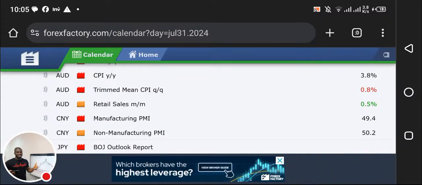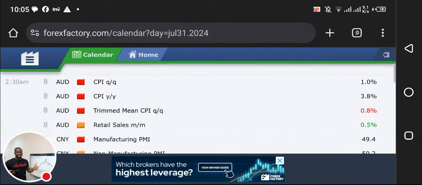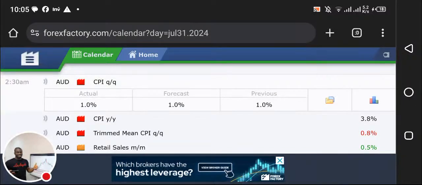So today is Wednesday. A major news was released, CPI for the Australian dollar, and I think it was negative for the Australian dollar. CPI QQ, that's the quarterly report. You can see the forecast and the actual are the same thing, so that won't have much impact on the market.